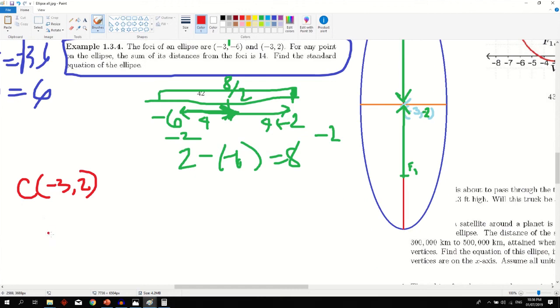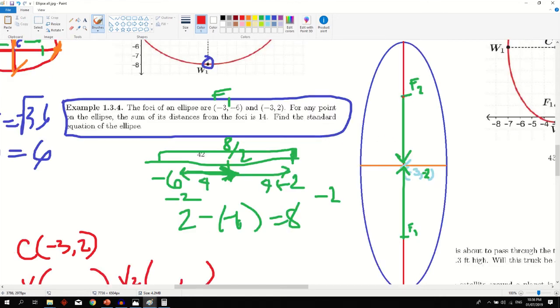Now we need to get the vertices. The focus, we have already, which is given. So we need to get the vertices. Vertex 1 here, then vertex 2 there. Okay, so for any point on the ellipse, the sum of the distance from the foci is 14. So from any point, the distance from the foci is 14.